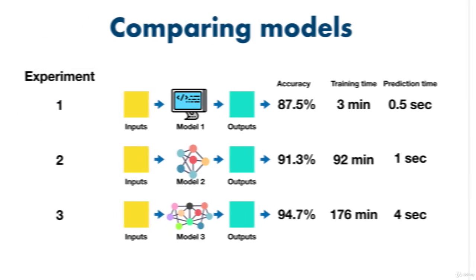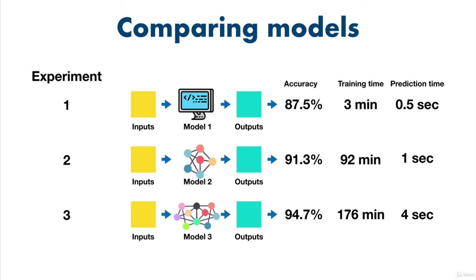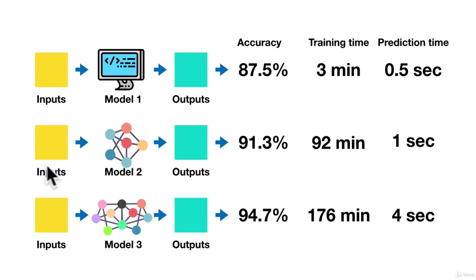Finally, when comparing 2 different models to each other, it's important to ensure you're comparing apples with apples and oranges with oranges. For example, Model 2 trained on dataset 1 versus Model 3 trained on dataset 1. And during comparison, you'll want to make sure you take into account not only the final result, but what it took to get there.